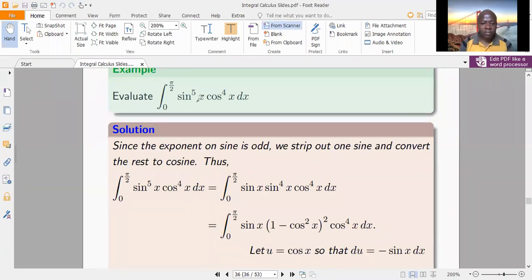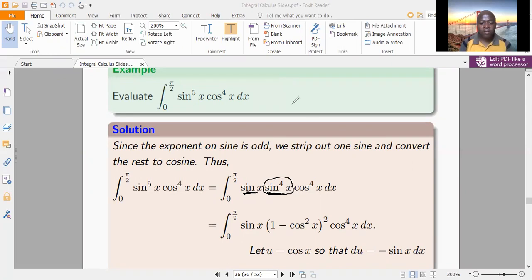In this example, 5 is odd, so the exponent of sine is the one that is odd. So we strip out one sine x, and I have sine x raised to 4, and then cos x raised to 4. The sine x raised to 4 is the one I want to convert to cosine.